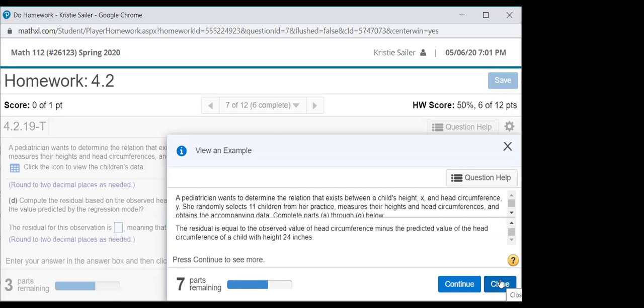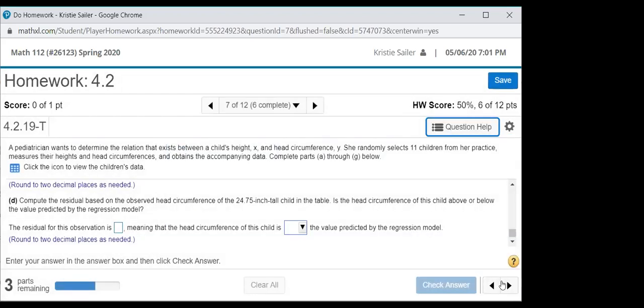The observed value is going to be the value that's actually in your data. So you have to go back to your data. It says compute the residual based on the head circumference of the 24.75 inch child in the table.